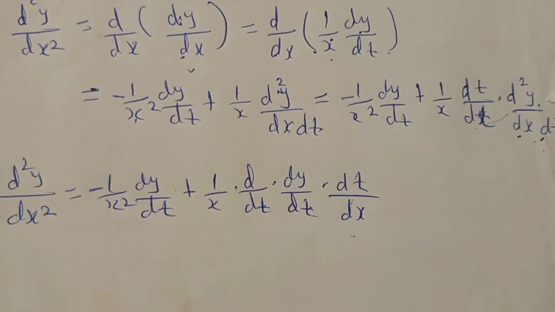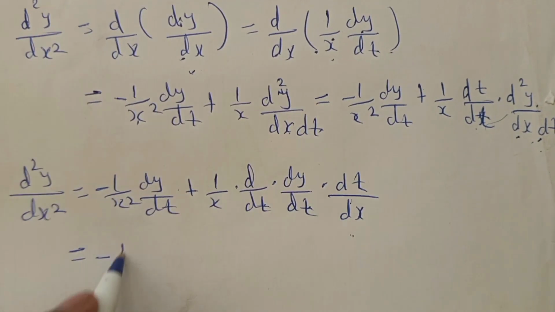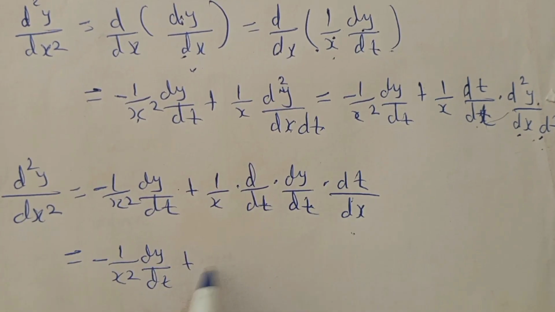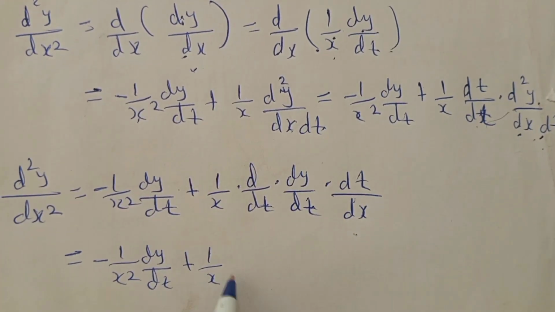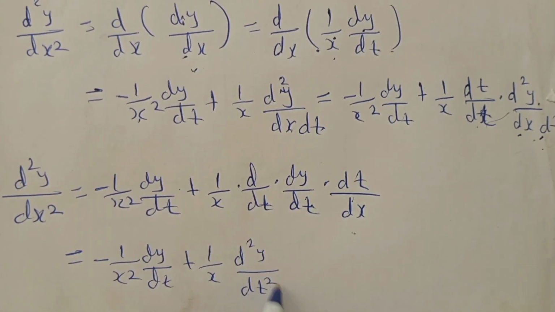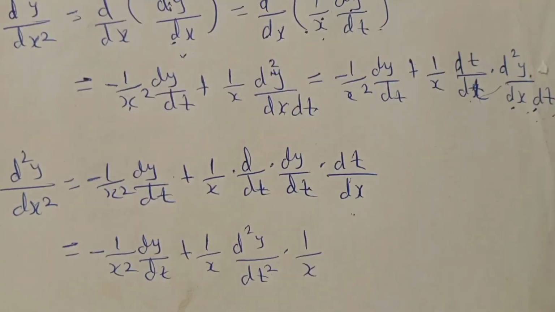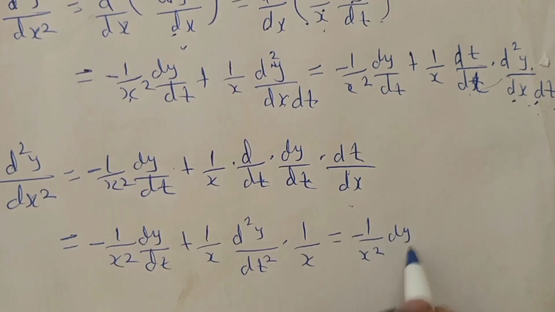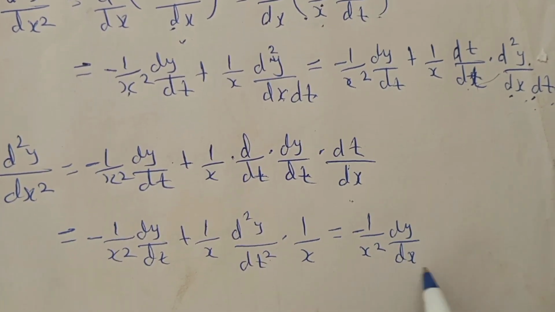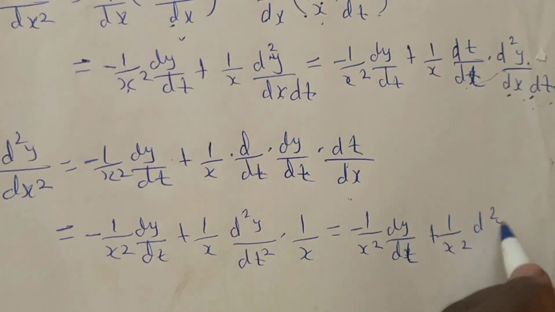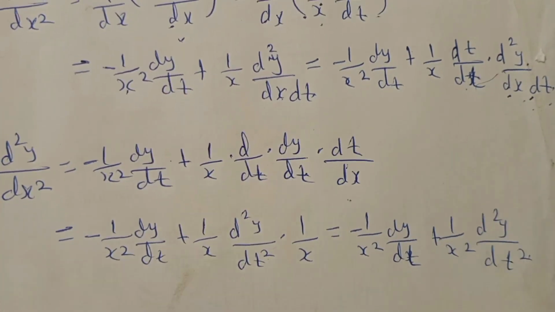So we substitute it in our equation down here, so that we get minus 1 over x squared dy over dt plus 1 over x d squared y over dt squared multiplied by 1 over x. This can be written as negative 1 over x squared dy over dt plus 1 over x squared d squared y over dt squared.